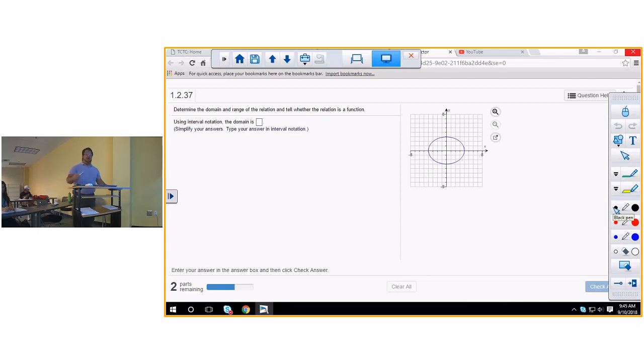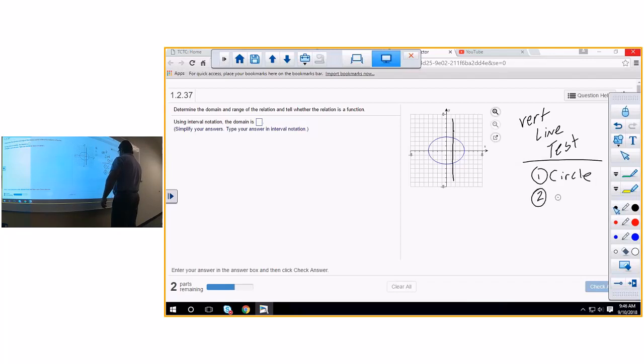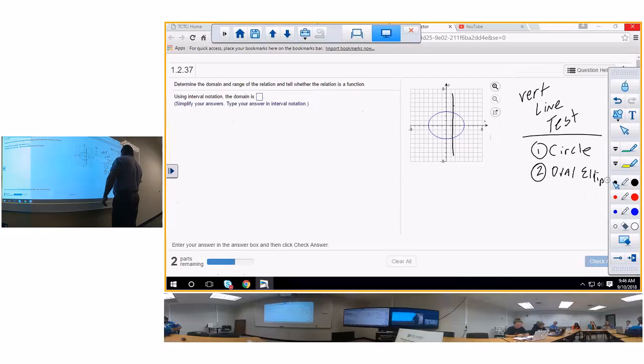So, first of all, is this a function? Yes or no? No, it's not. Vertical line test tells us that it is not a function. And it usually picks out what things? Well, 1, a circle. 2, an oval or an ellipse.